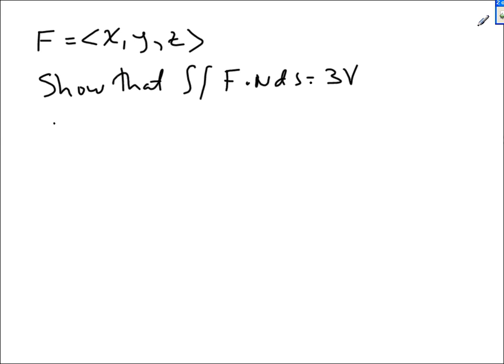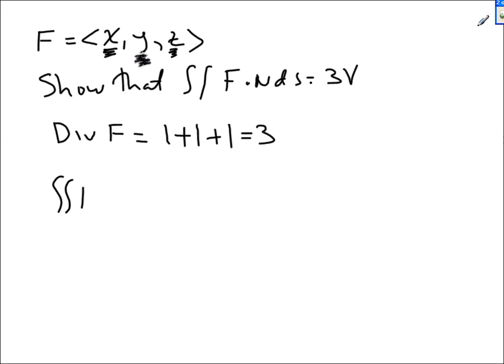Well, what you should do is find the div of f. The partial of this with respect to x is 1, plus the partial of this with respect to y is 1, plus this partial with respect to z is 1. So the div is 3.